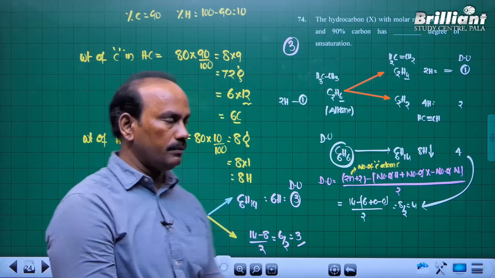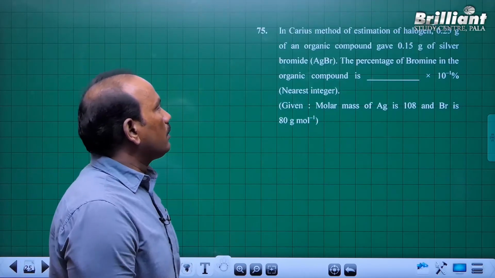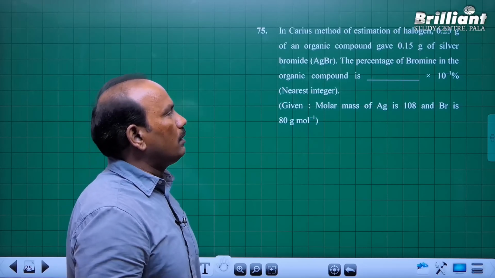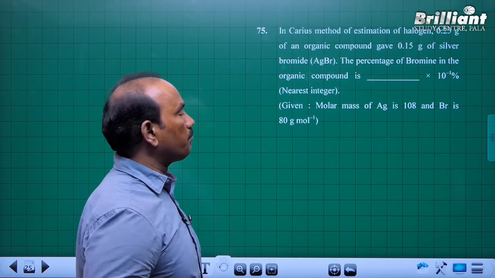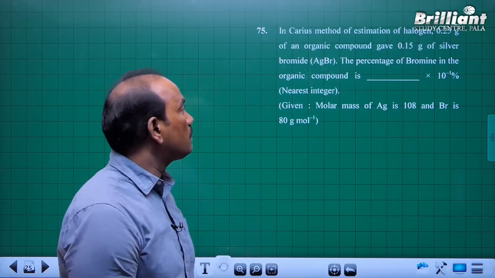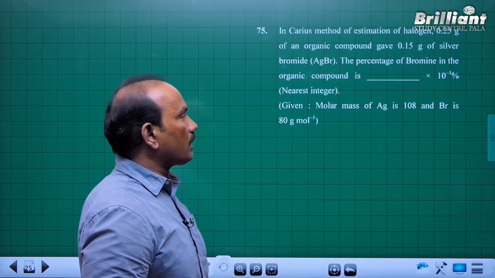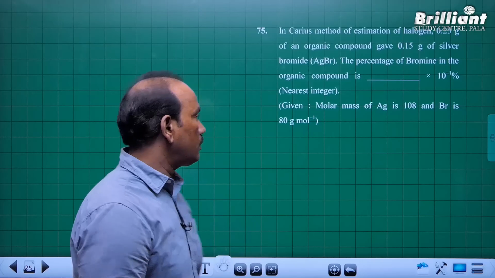Okay? Next one. In the Carius method, the estimation of halogen: 0.25 grams of an organic compound gives 0.15 grams of silver bromide, and the percentage of bromine in the organic compound is x into 10 power minus 1 percent.